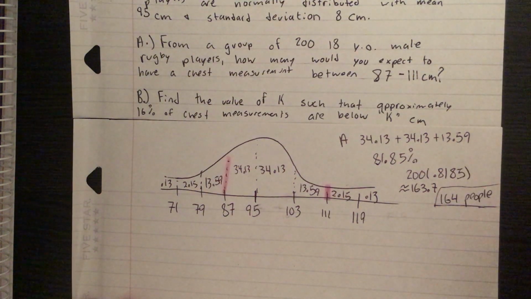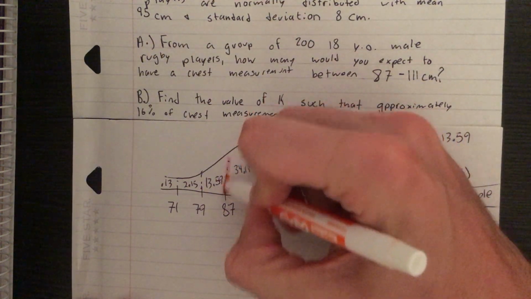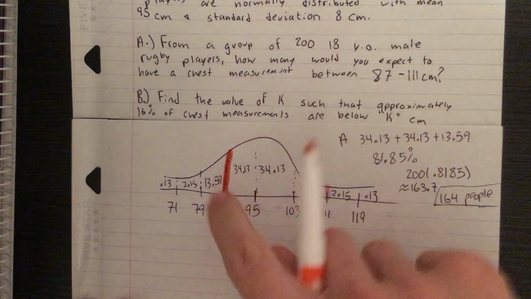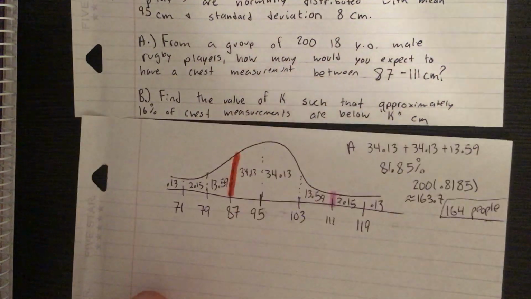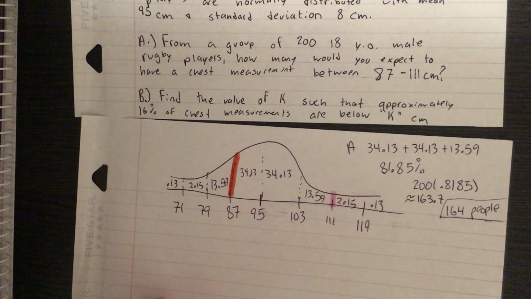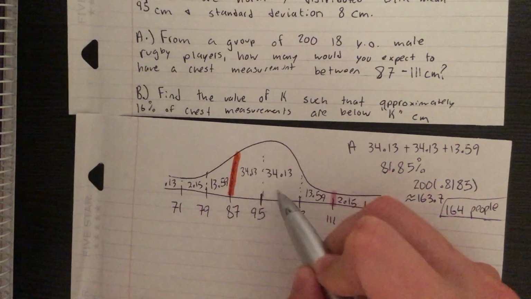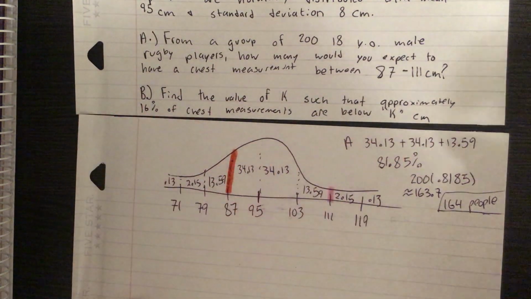Give or take, it's going to be this part of the graph right here, because if it's the bottom 16%, you can't include any of this 34 stuff. We'll count everything to the left of it.